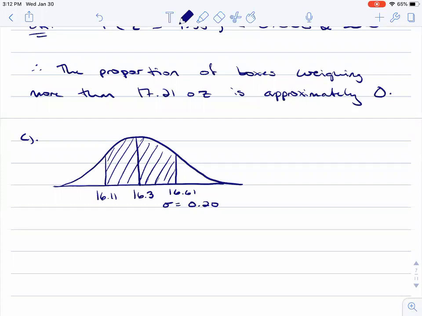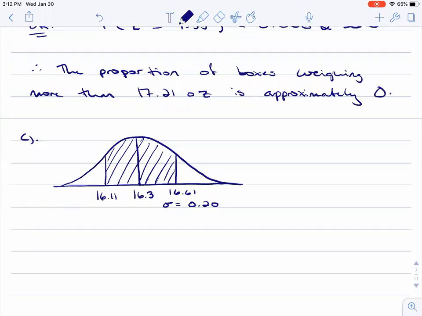For me, because the Z table always gives me the area to the left, I find the area to the left of this one, and the area to the left of that one, and I subtract it from this bigger area. That's the same as taking this puzzle piece and lobbing off that tail end to get the area that I want.